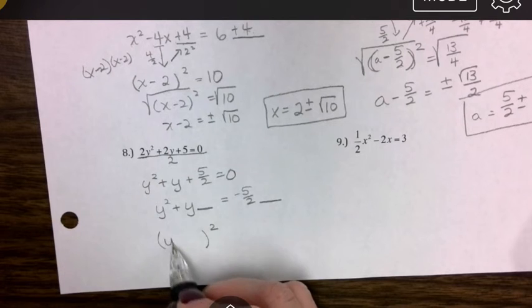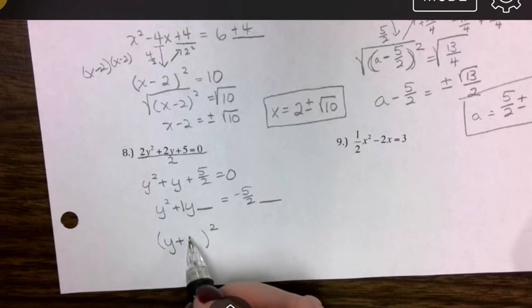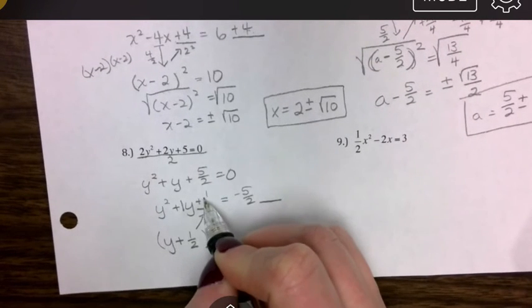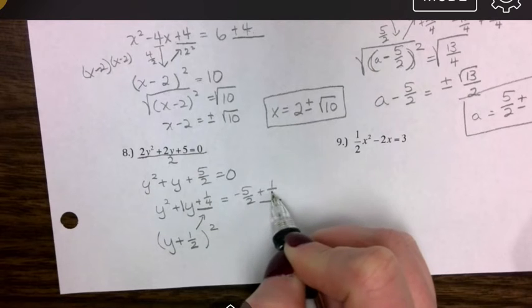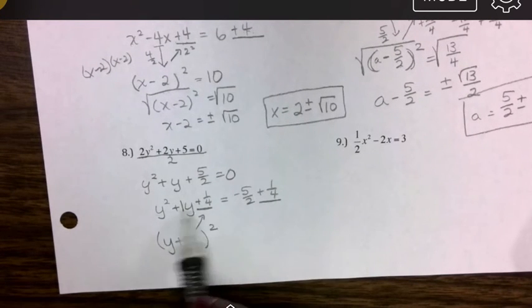I match up a variable, match up the sign. I have to take half of b, and then I square it to see what I'm adding to both sides. So this would factor to y plus 1/2 times y plus 1/2.